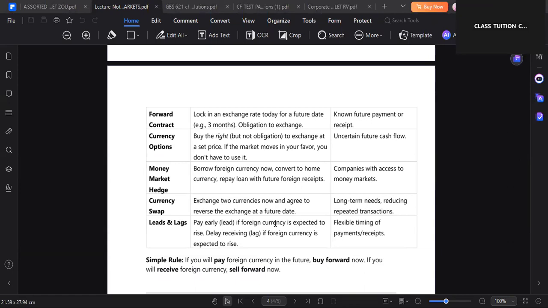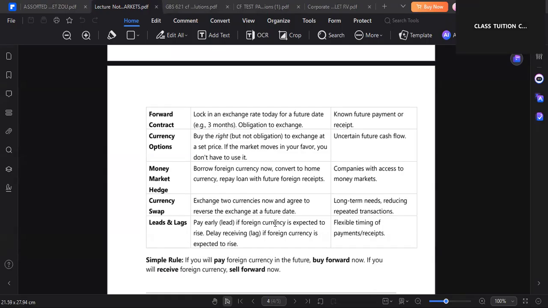If you expect a foreign currency to become more expensive, you will lead by paying your bills in that currency early. But if you expect the foreign currency to become less valuable, you will lag, meaning you delay receiving your receipts in that currency. However, this works only if you have flexibility in your payment terms.